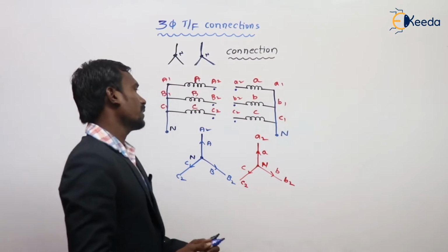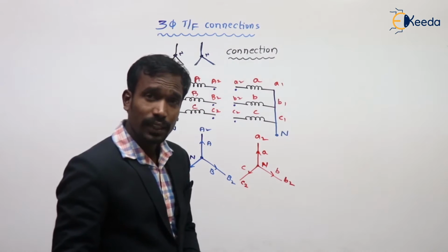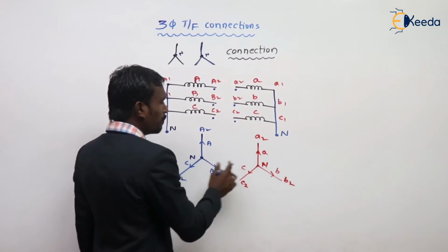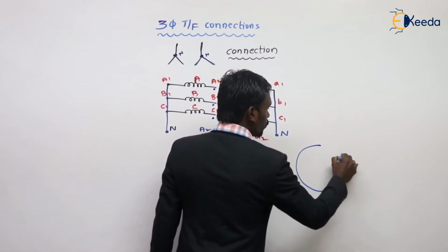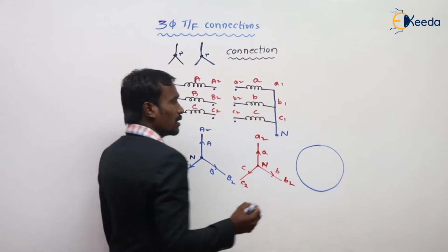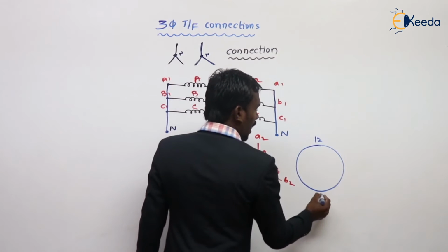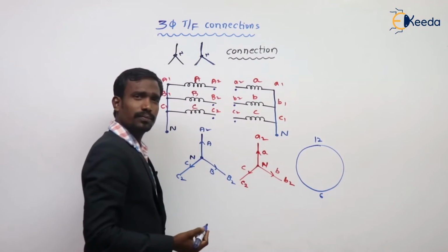These are the arbitrary stars. Now superimpose these two on a clock. This is 12 o'clock and this is 6 o'clock.